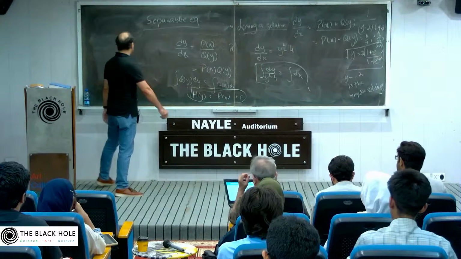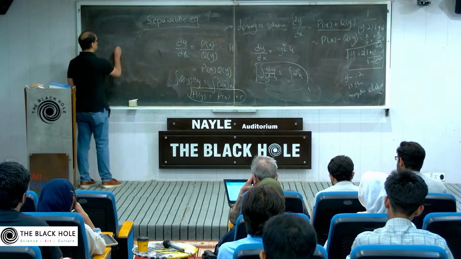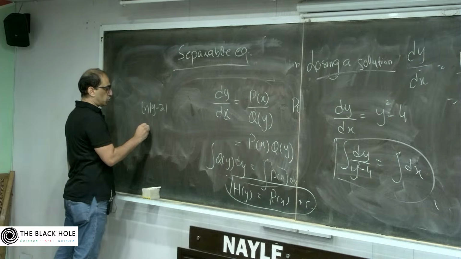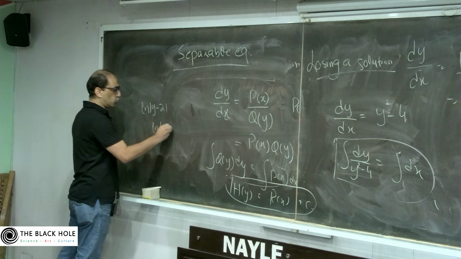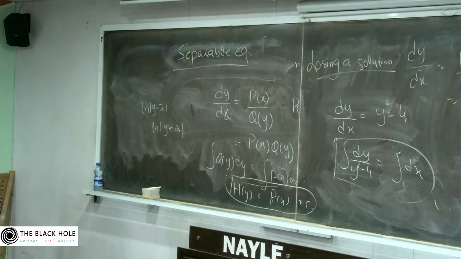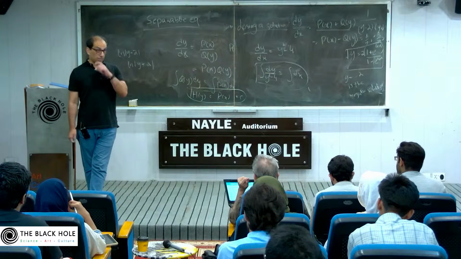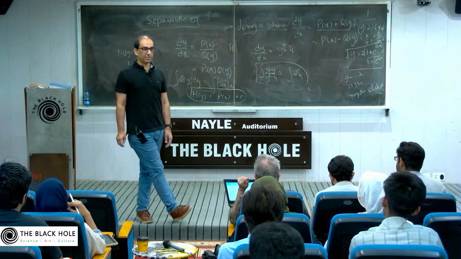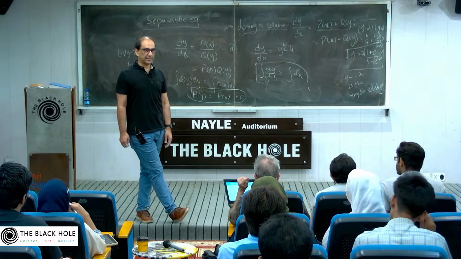This is again one of the reasons. What he's trying to say is that you have written log of y minus 2 and log of y plus 2, and usually you define things for x greater than 0, not for less than 0. Log is not defined over there, right? So if you look at the whole function, what happens on the other side?